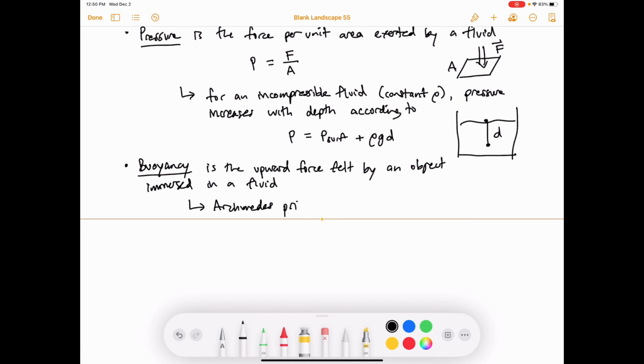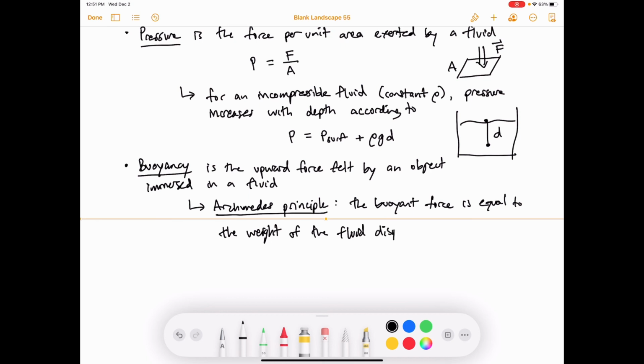So Archimedes' Principle says that the buoyant force is equal to the weight of the fluid which is displaced by the object.